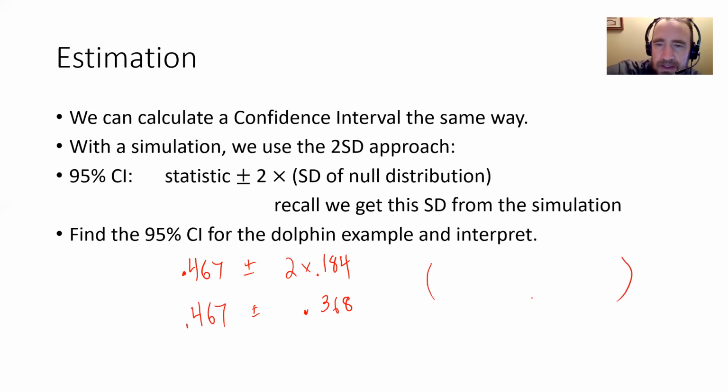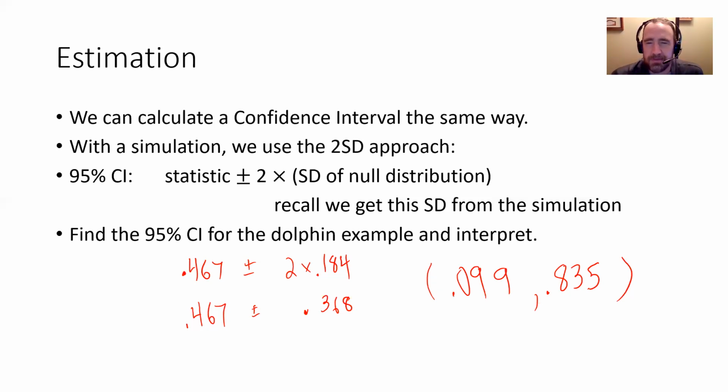So let's go ahead and get the high one here, 0.8235. And then let's go ahead and subtract it for the low one. 0.467 minus 0.368 is about 0.099. Just about 10%. So we've got essentially 10% up to about 83%.